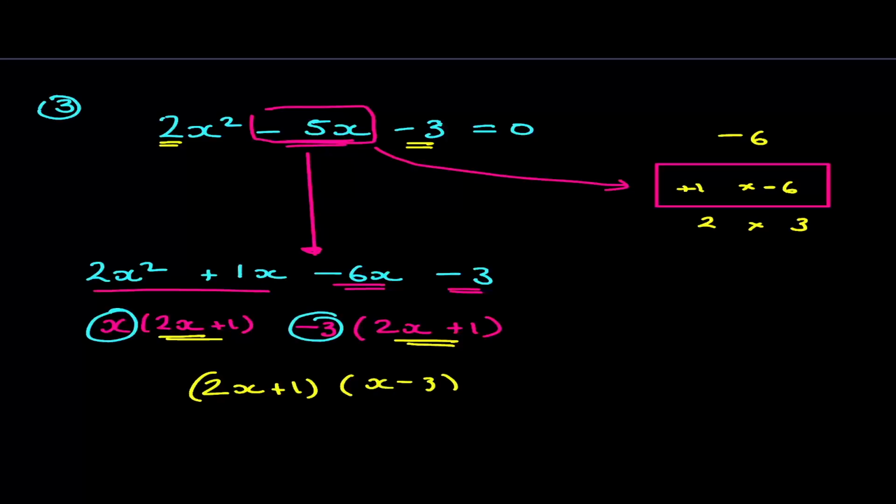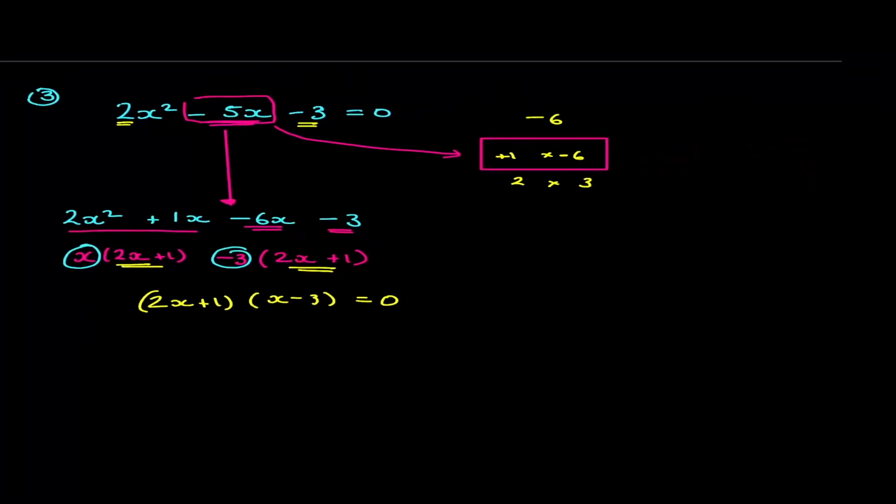X take 3. So that's how you factorize this quadratic, this non-monic trinomial, when there's a number in front of the x squared. Now remember, the question actually asked us to solve it. So it means that either this equals 0, so either 2x plus 1 equals 0, or that equals 0, x minus 3 equals 0, using the null factor law.